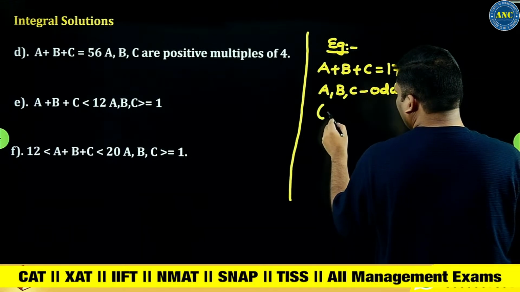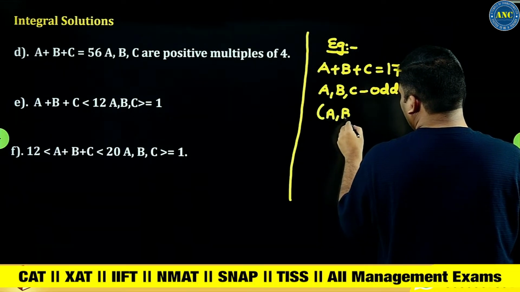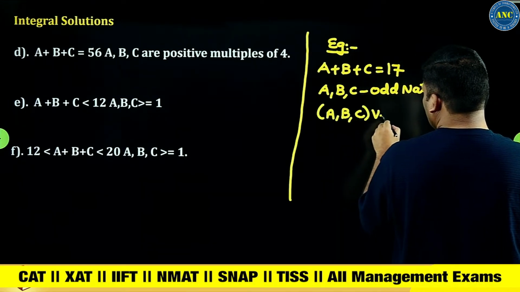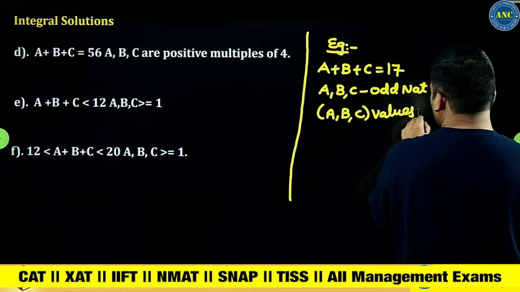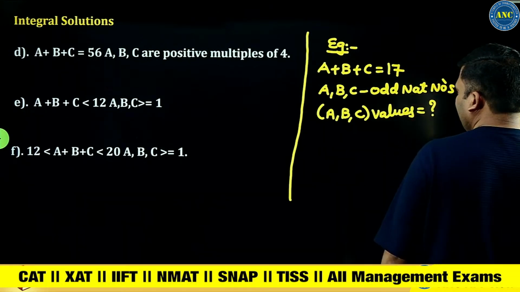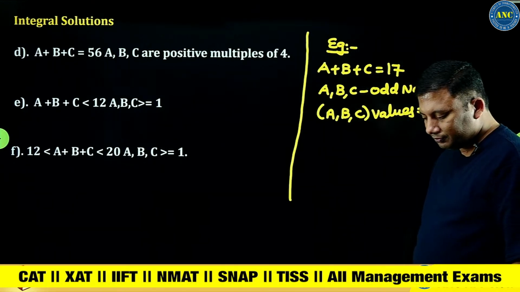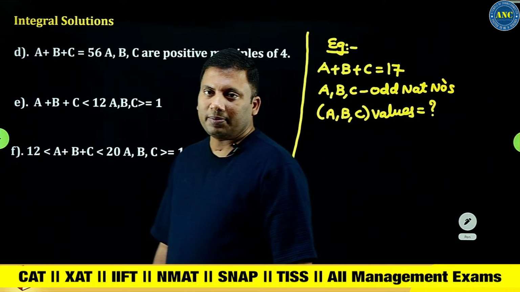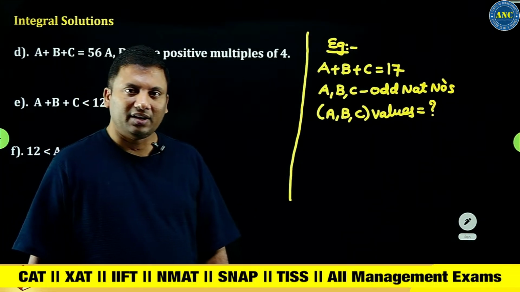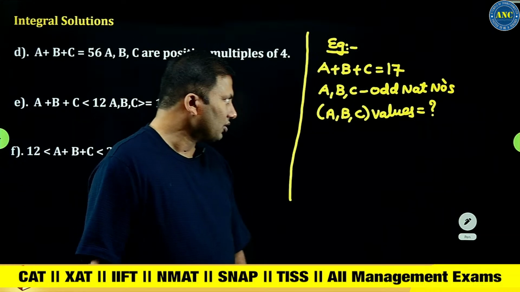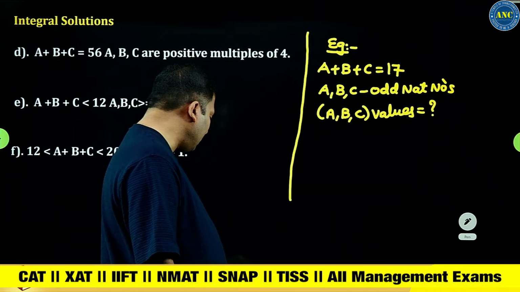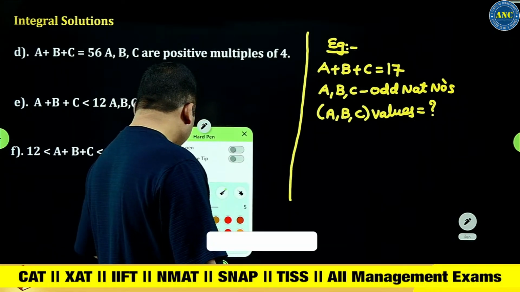How many values do A, B, C take? In the previous case, the right hand side was an even number. It can be an odd number also. A plus B plus C is equivalent to 17.